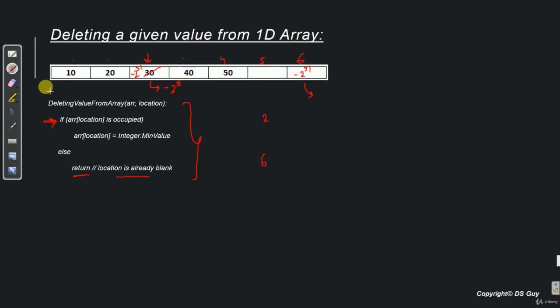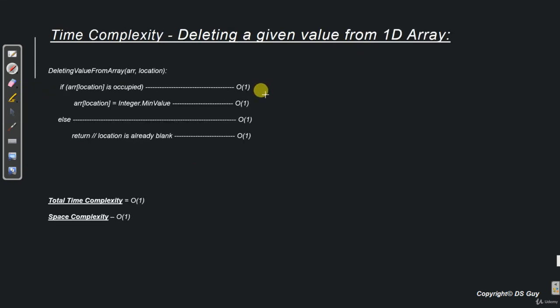Now let's see what is the time complexity of it. So the time complexity, as you can see, is extremely simple. All that it does is go to an if statement and do a comparison. If it is an already occupied value, then we update the location's value, else we return saying that the location is already blank.